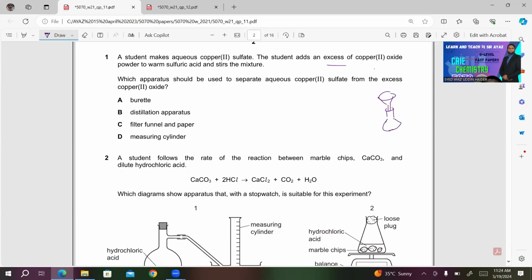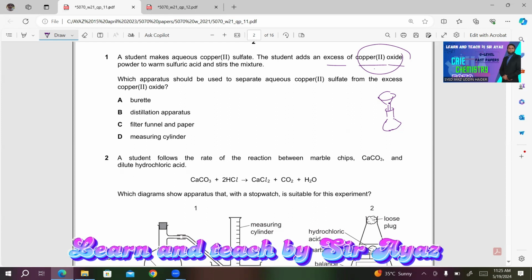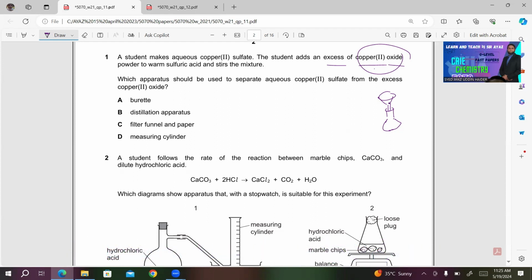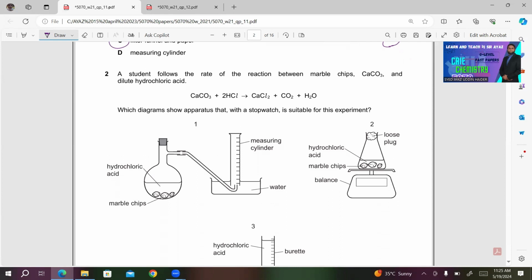You have excess copper 2 oxide which will be left in the solution once the reaction is complete. It does not dissolve, which means it must be left on the filter funnel, so it has to be removed by filtration. So choice C must be the right answer in this case. Filter funnel and paper.